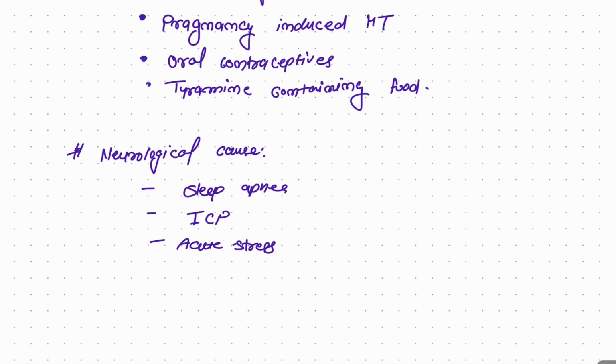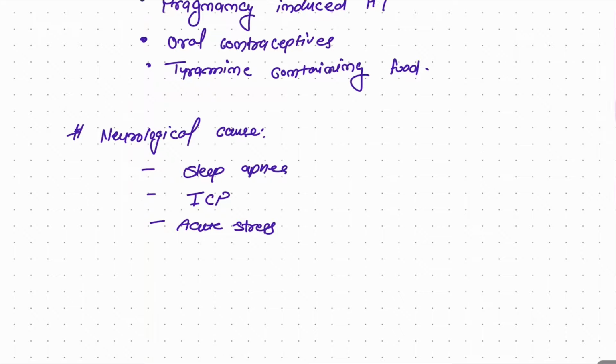Okay, now let's come to the pathogenesis. So we will discuss pathogenesis in two parts: idiopathic hypertension pathogenesis and secondary hypertension pathogenesis.